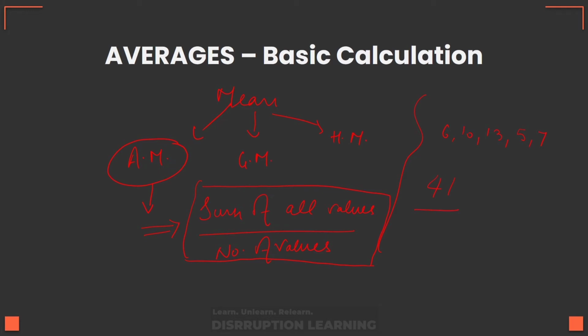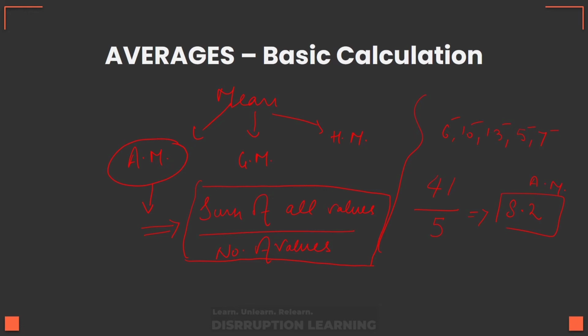So 41 is the sum of all values. What is the number of values? 1, 2, 3, 4, and 5. 41 divided by 5 is 8.2. This is your arithmetic mean. As simple as that. Nothing really complex. That is how you get the average.